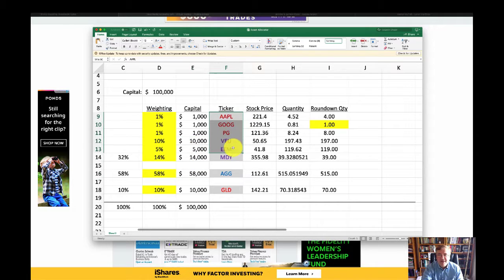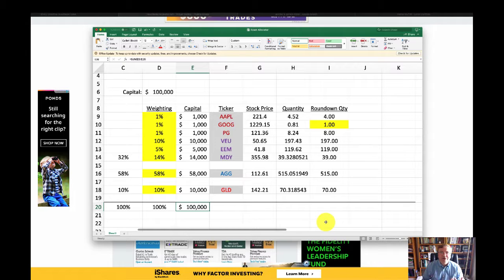So if I wanted to add, let's say, 10 more individual stocks, or another fund or two, I would have to first liquidate existing positions, because remember, we're only using $100,000 worth of capital.